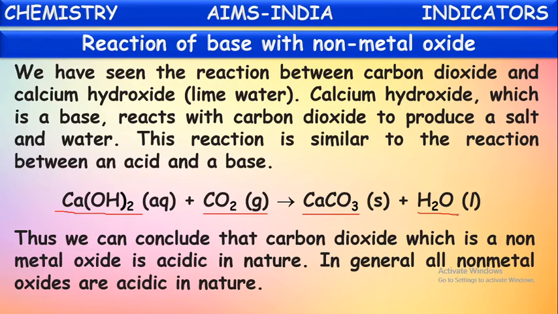Just like the acids, these non-metallic oxides also cause neutralization reactions with the bases. But of course, saying all non-metallic oxides are acids is not correct. Some neutral oxides are there, but in general, non-metallic oxides are acidic in nature and on reaction with the bases they form salt and water.